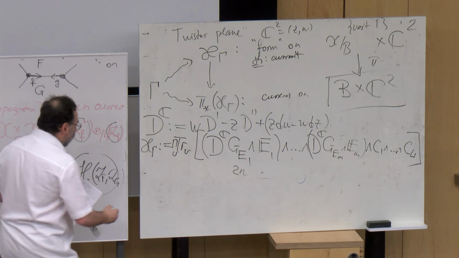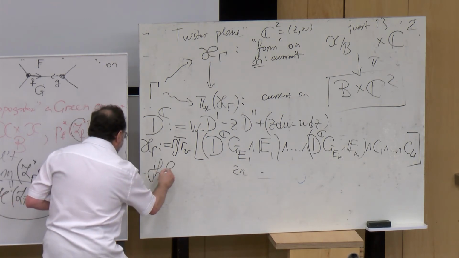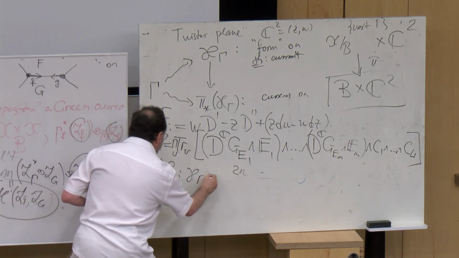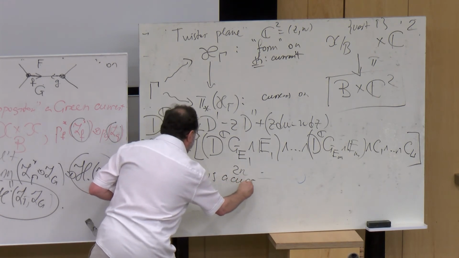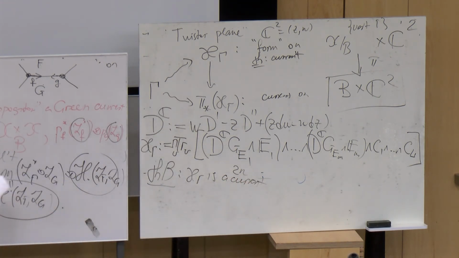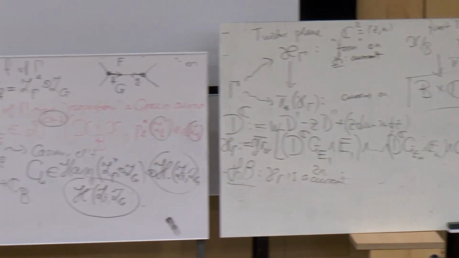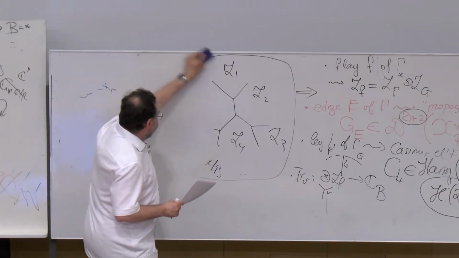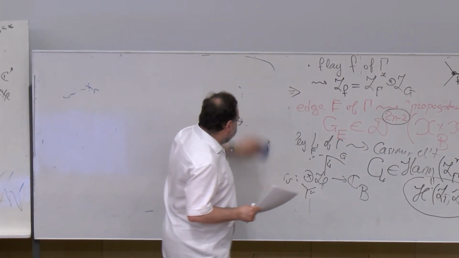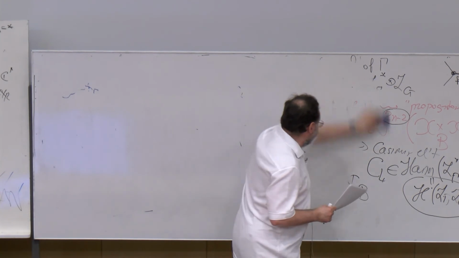Now this is just a form, and the main theorem, theorem B, says that this form is a current. Now I can just define what the quantum Hodge correlator is. It will be the sum of this form. Okay. So now I assign it to a single plane trivalent tree, a differential form on B cross C2.